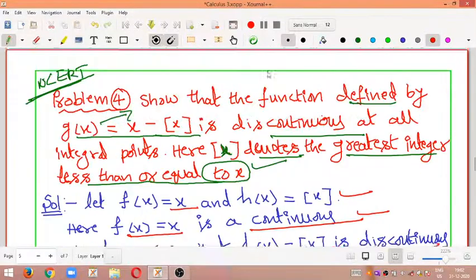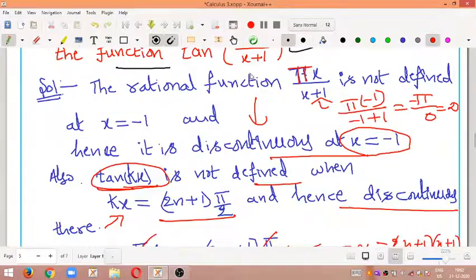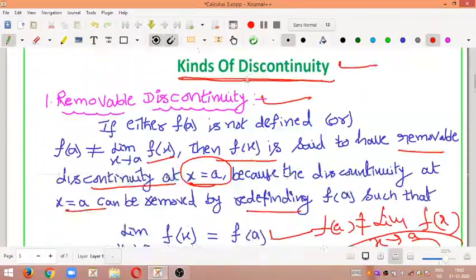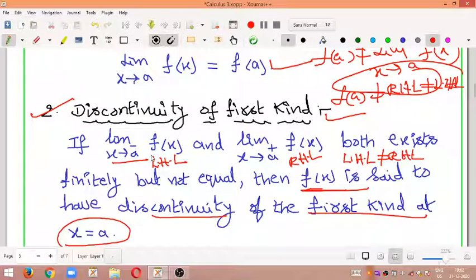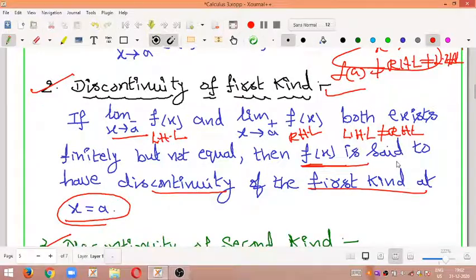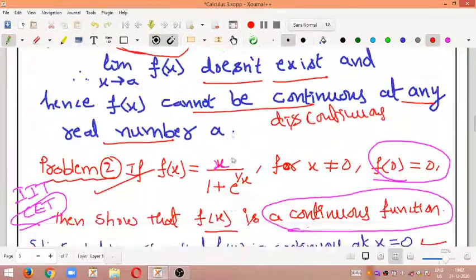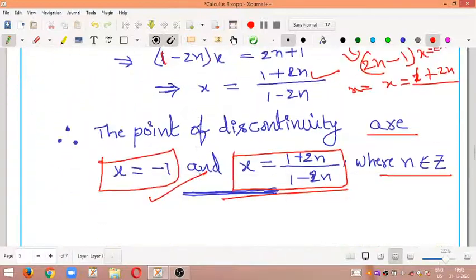See here, first kind of discontinuity. Once again, the types of discontinuity: both left hand limit and right hand limit exist but are not equal, then this is said to be a discontinuity of the first kind.